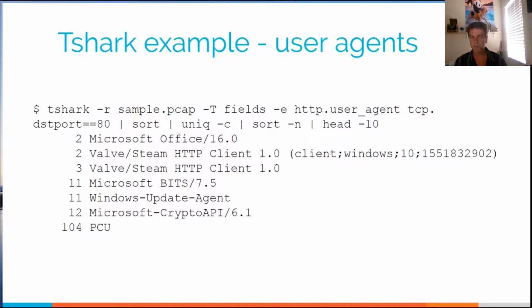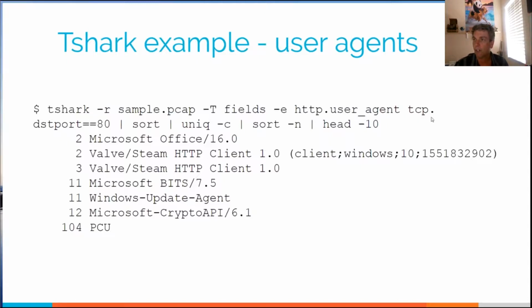So we talked about some of our minor modifiers, things like, is the user agent unique within your environment? How do you find that? Well, I'm telling tshark, read in my capture file, -T fields, so I want to specify the fields. And the only field I'm specifying here is the HTTP user agent field, and that's it.